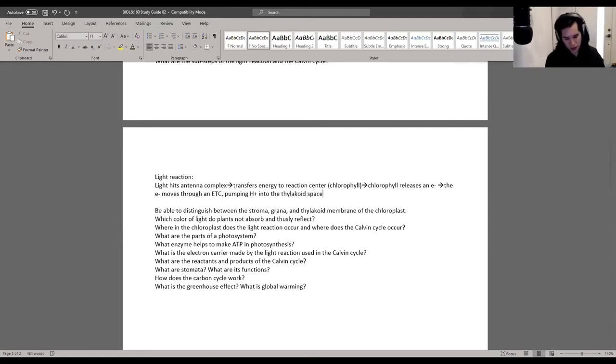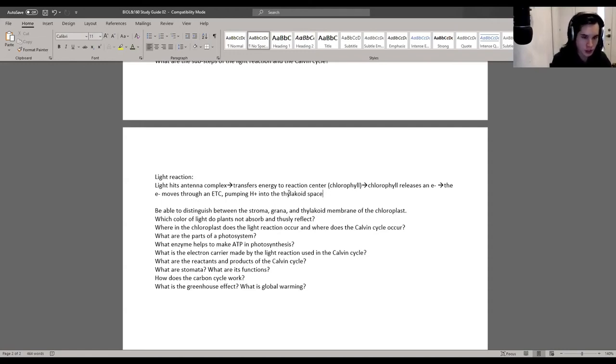If you remember in the electron transport chain, you're pumping hydrogens into the intermembrane space. But when we're talking about photosynthesis and the light reaction, you're pumping protons from your stroma into your thylakoid space. So now you have those little pancakes, they're very acidic on the inside.